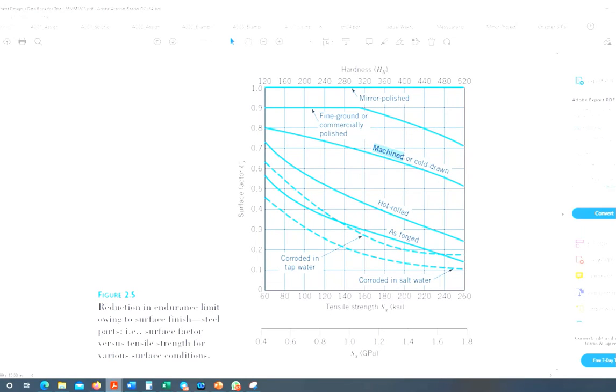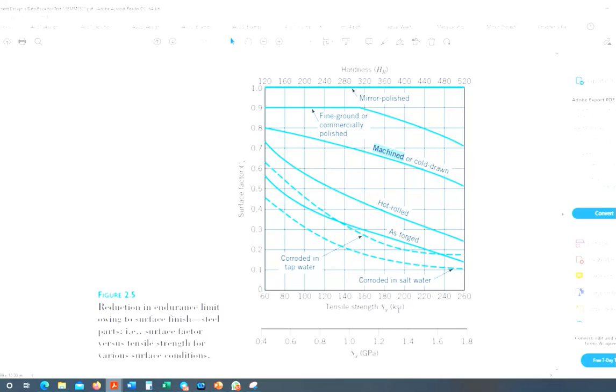And we just need to identify the ultimate strength. For the materials in KSI, here is the matrix.